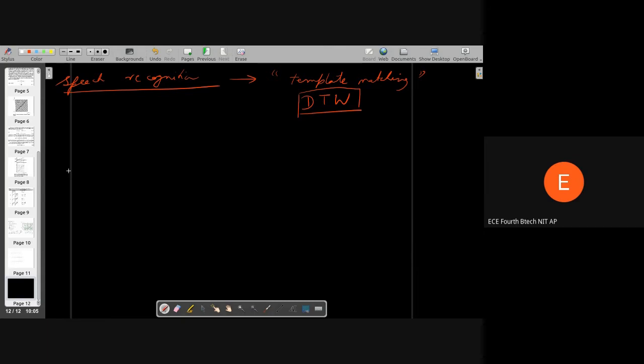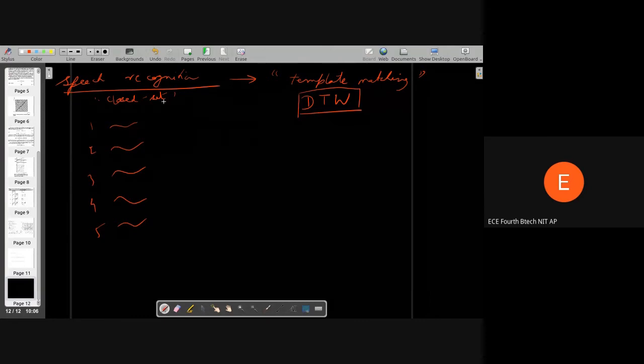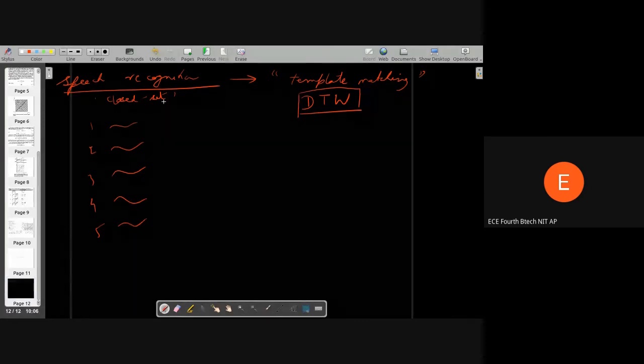There are 4 or 5 standard phrases that are stored in Amazon Alexa or any other speech recognition system. This is called a closed set, meaning a fixed number of phrases or sentences it can recognize.